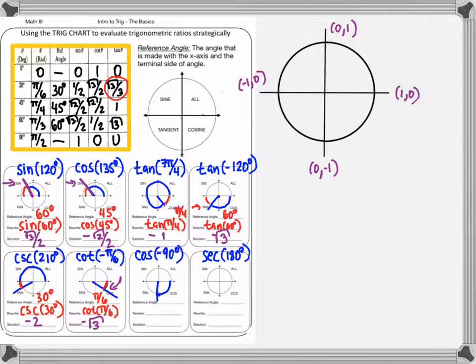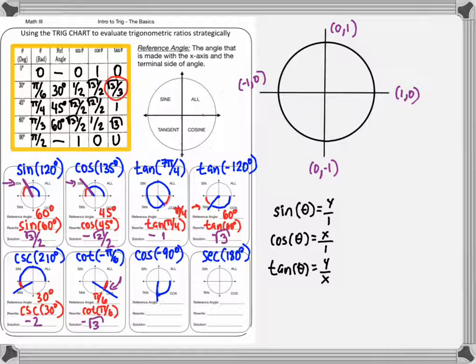This is where we have to remember all the definitions of sine, cosine, and tangent as they relate to the x's and y's, and the coordinates that match things up.